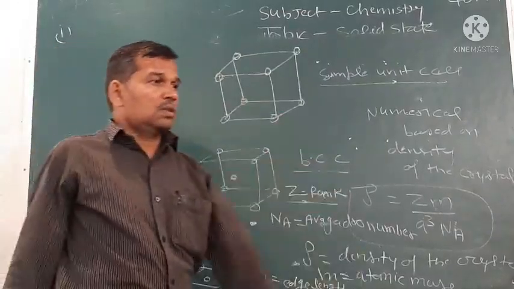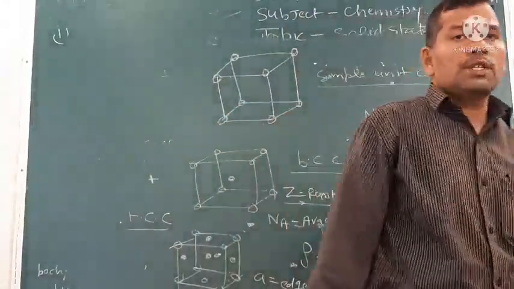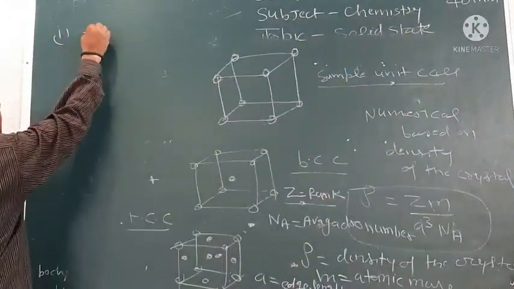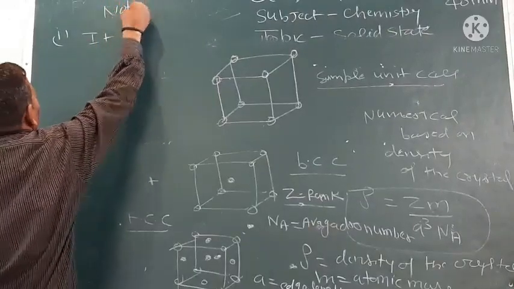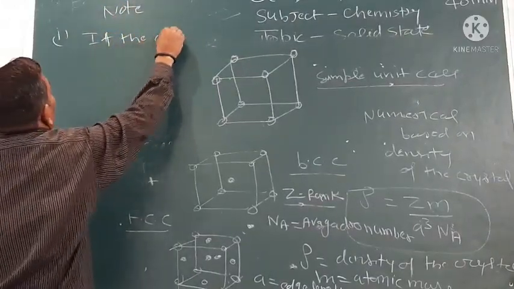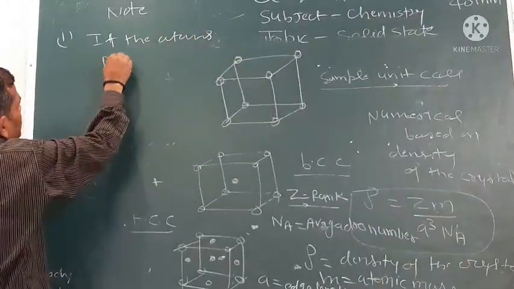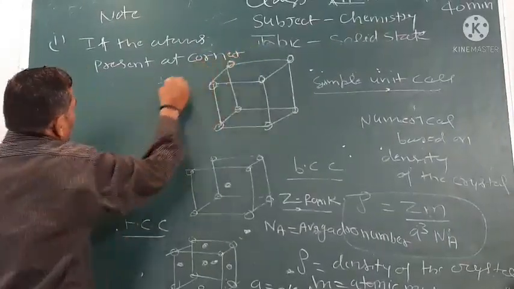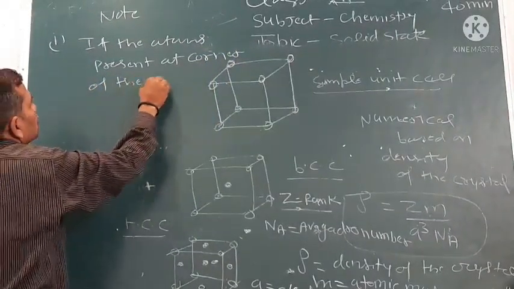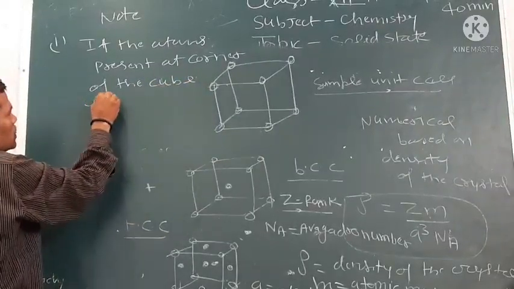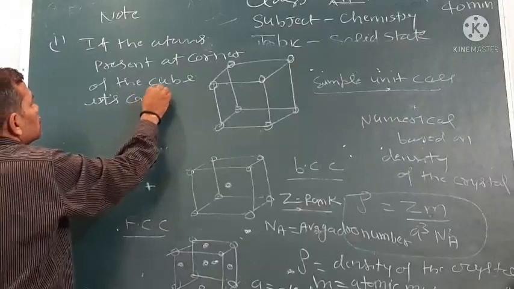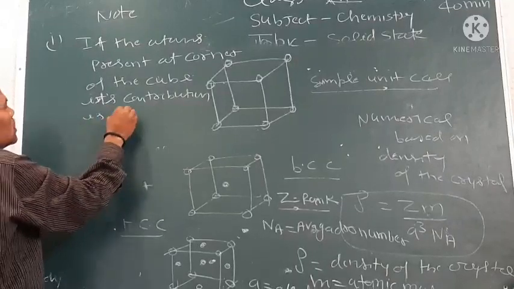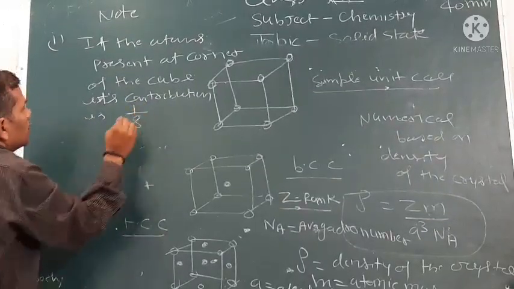If the atoms of the unit cell are present at the corner of the cube, its contribution is 1 by 8.